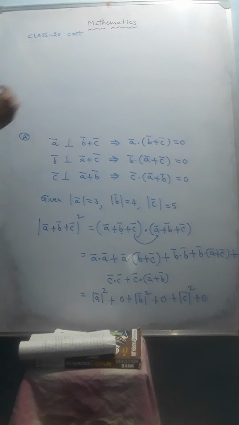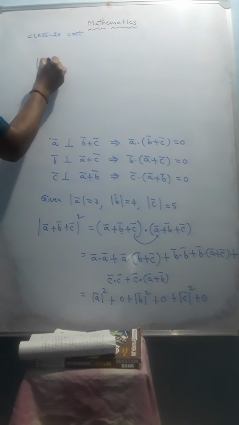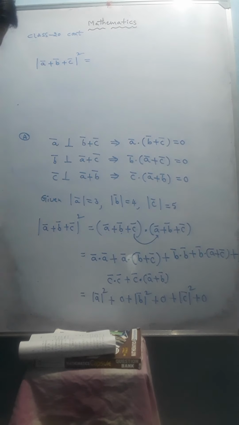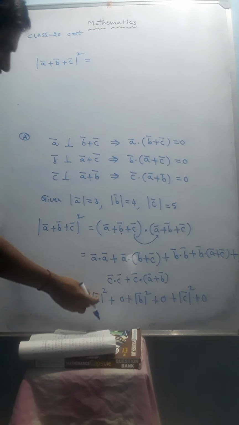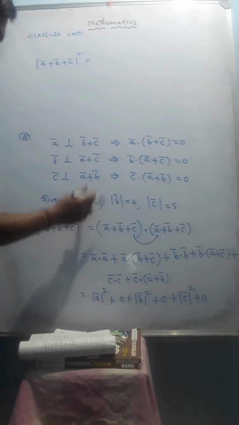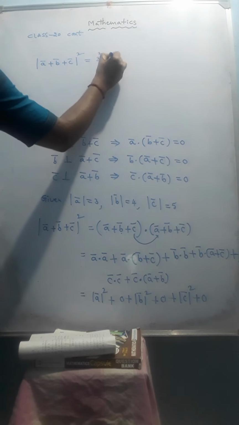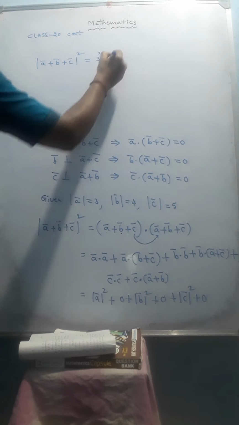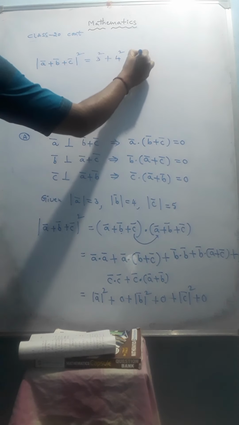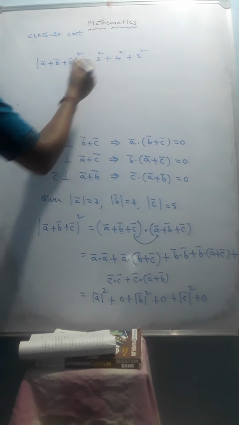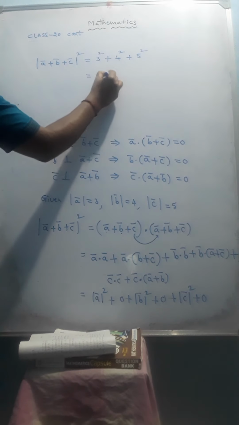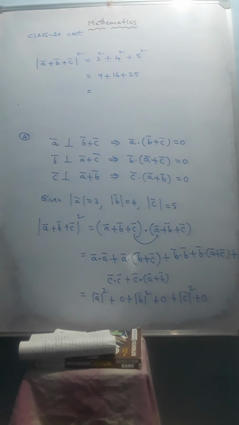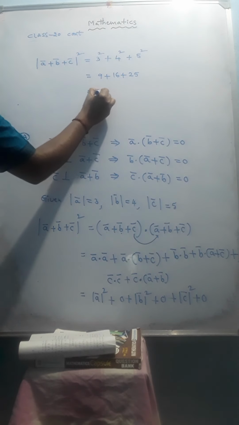Next, modulus A vector plus B vector plus C vector square is equal to, so what is this value? This value was given 3. So 3 square plus 0 limit. Modulus B value is 4. So 4 square plus 5 square, that is equal to 9 plus 16 plus 25, that is equal to 50.